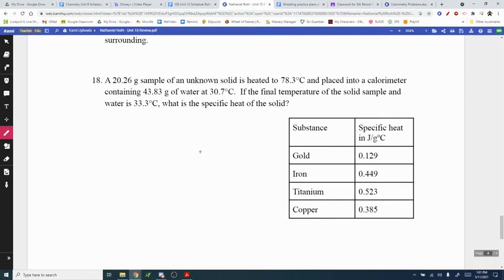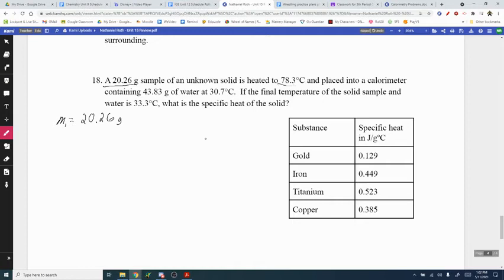So a 20.26 gram sample. I'm not going to read the whole thing, I'm just going to do numbers. So 20.26 gram sample, unknown solid. So that is going to be our mass of our metal. So we're going to call that M1. So that's 20.26 grams.